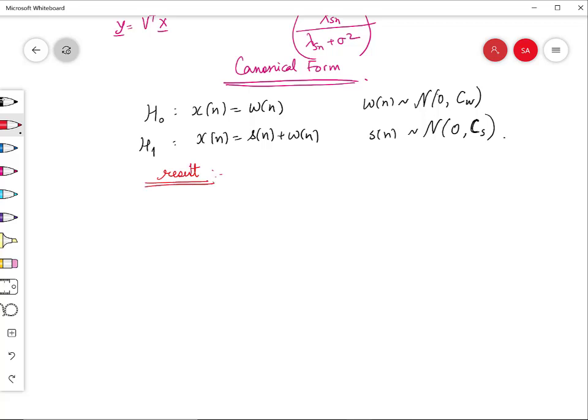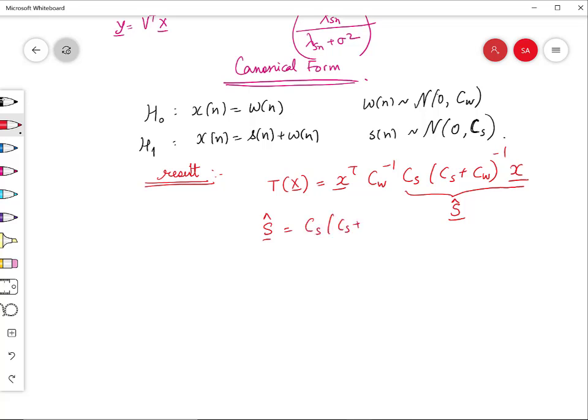You find out the result. I'm directly writing the result. It comes out to be T(x) is equal to x transpose Cw inverse times Cs times (Cs plus Cw) inverse of x. Okay, and this is our estimator, s hat, equal to Cs times (Cs plus Cw) inverse x, and Cw inverse is called a pre-whitening filter.